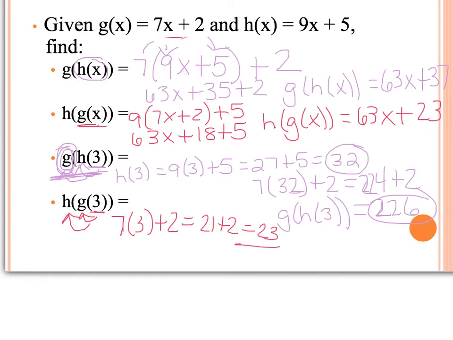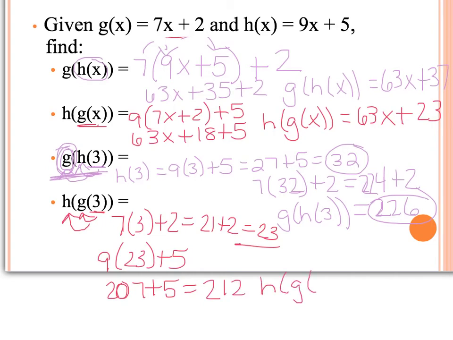Take that and put it into the h of x function. So 9 times 23 plus 5, 207 plus 5 is 212. So h of g of 3 is 212.